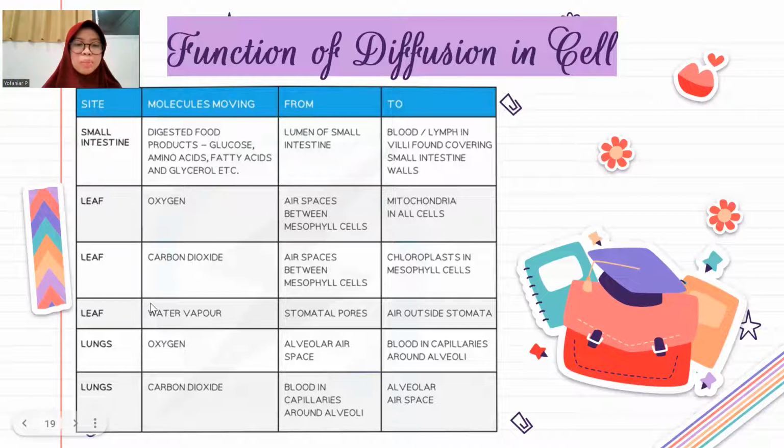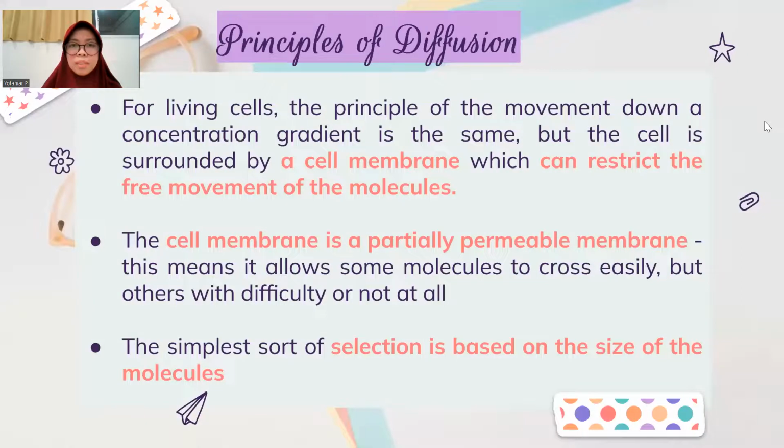It needs to be water vapor, not only water, because for water, we have the special term after this. Okay, the stomatal pore contains more water vapor. So the diffusion can happen from this side into this side. Meanwhile, for the lungs here, 1 and 2, we already discussed it previously.